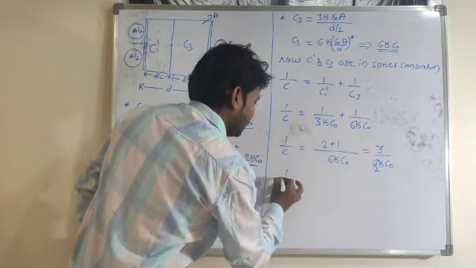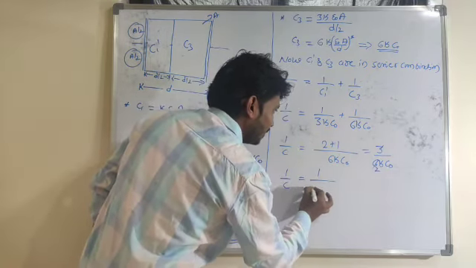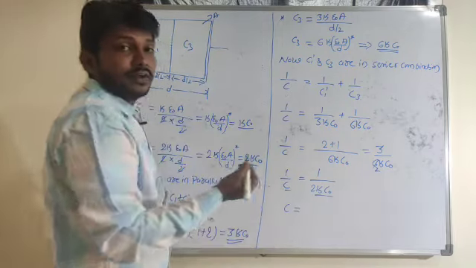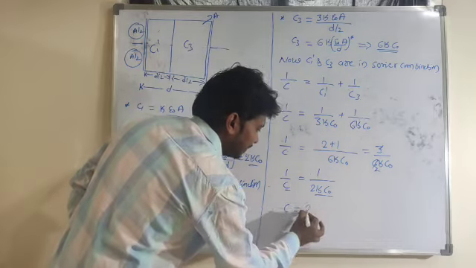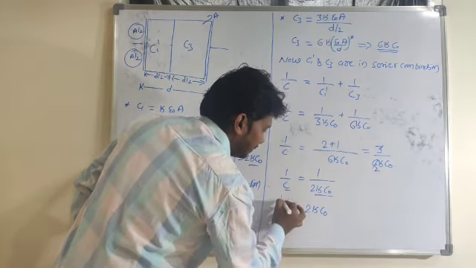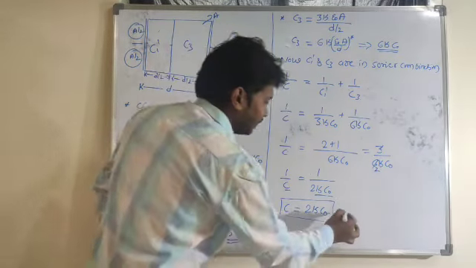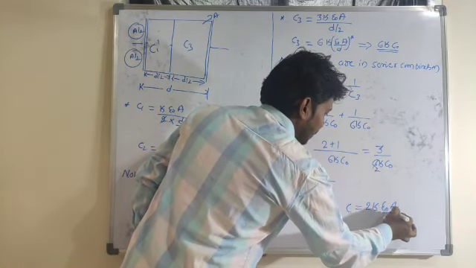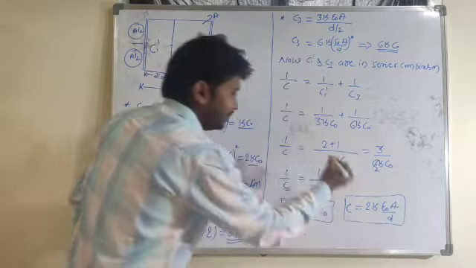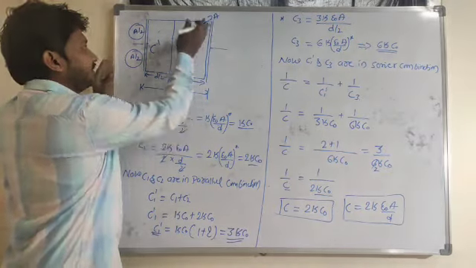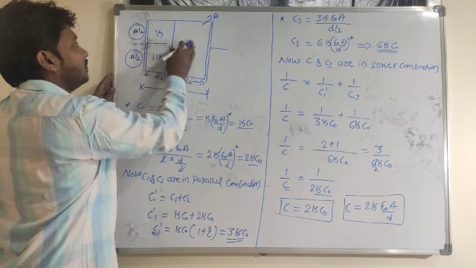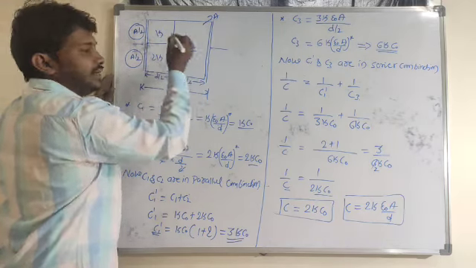So 1 by C is equal to 1 divided by 2k into C naught. C is the effective capacitance between the plates, so C is equal to 2k into C naught. It is our answer, or 2k into C naught, which is epsilon naught into A divided by d. So this is the effective capacitance between the plates k, 2k and 3k here.